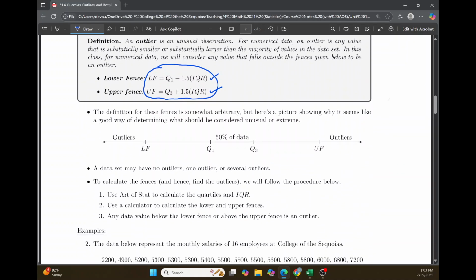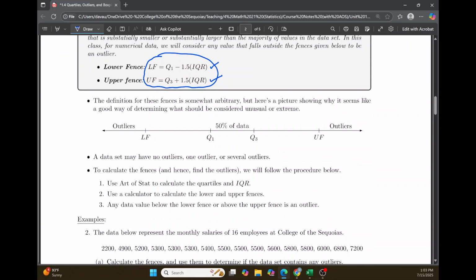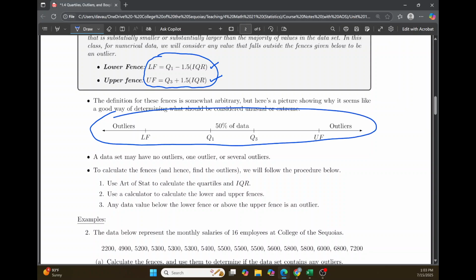That definition is somewhat arbitrary, but here's a picture to show you why it seems like a fairly decent way of determining what an outlier is. We're pretending that Q1 is here and Q3 is here. That means that half of the data, 50% of it, is between those two marks.